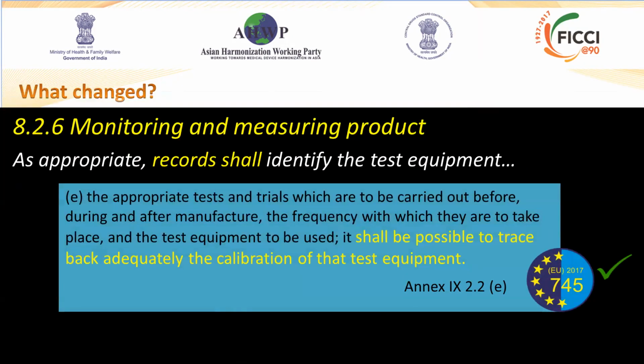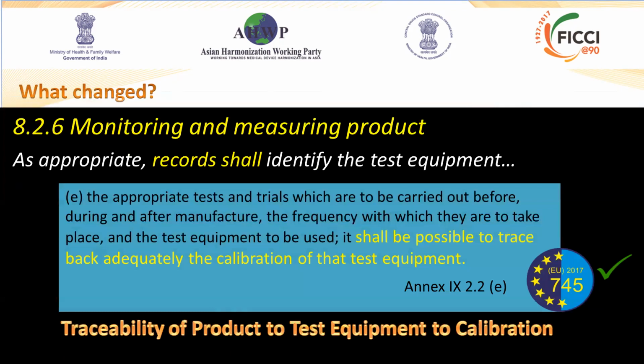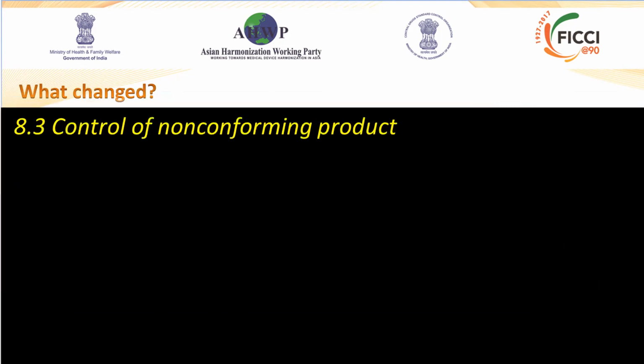It shall be possible to trace back adequately the calibration of that test equipment. So some people are putting the calibration of the test equipment on the test records, but if there is another way to provide that traceability, that would probably suffice. The traceability of products to the test equipment being used in calibration is something new in the 1345 standard.